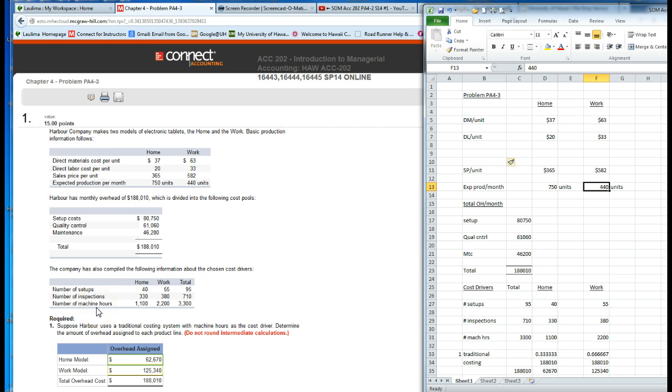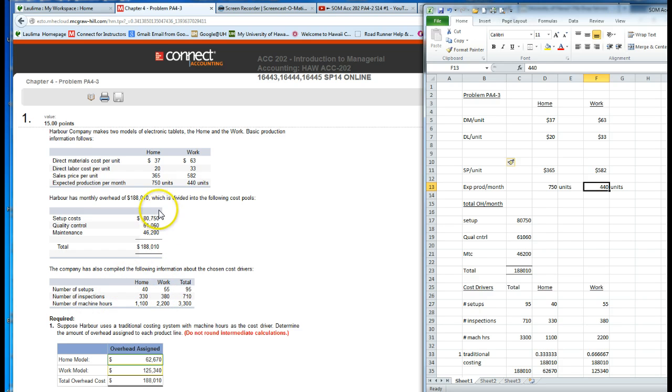And I think the assumption there is that it looks as though our product requires some sort of automated process with machines, and generally the more you use any machine, the more maintenance it's going to require. And so that would be one way to approach allocating maintenance costs based on the number of machine hours. I think that makes sense.